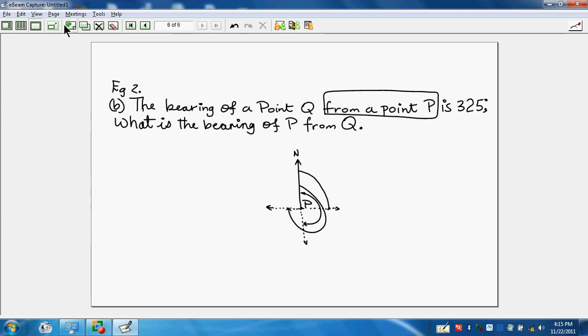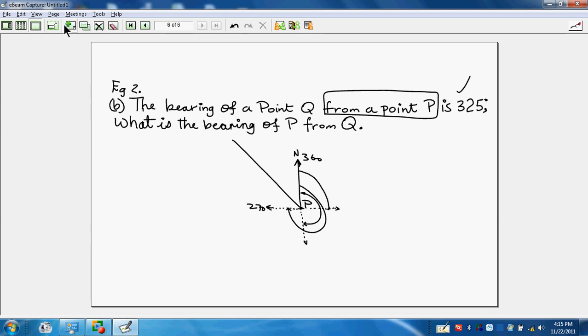If I continued going until I line back up with the north position, that would have been a 360 degree movement. So it means that if I'm to go 325 degrees, I'd have to be somewhere between 270 and 360.